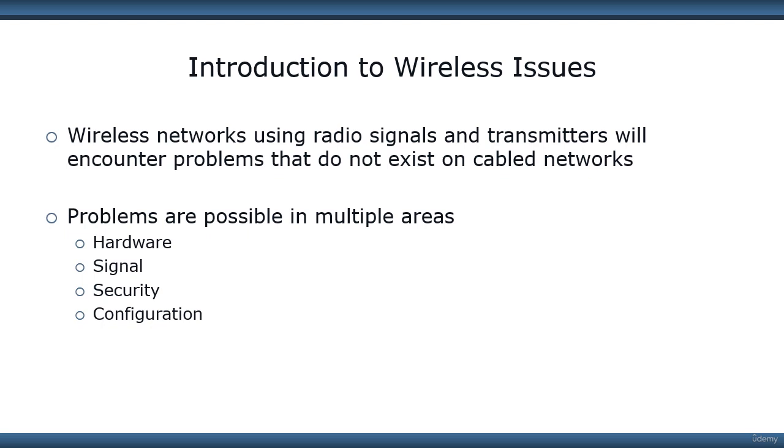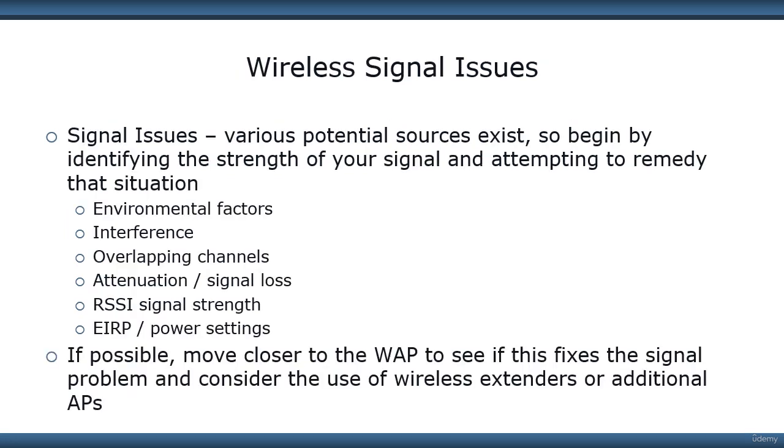Remember we talked about troubleshooting methodology. It's important that you focus in to see, number one, what all the different pieces in the connection are, and then you seek to eliminate those pieces from being the problem cause. So let's start with signal issues.